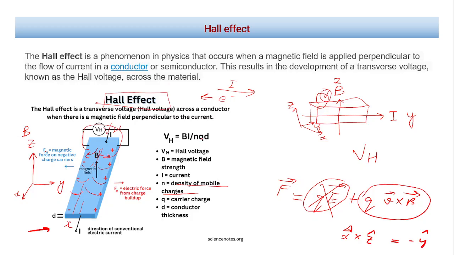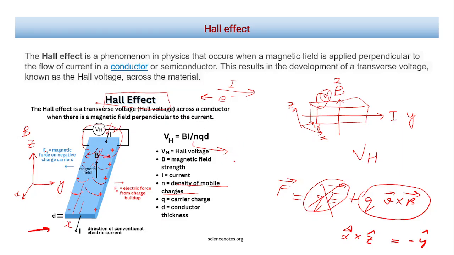Even if it's a hole, the sign will change, positive to negative or negative to positive, but the value is 1.6 times 10 to the power minus 19 coulomb. So all these things I know, and V_H I'll be measuring using a voltmeter, so I can find the electron density or hole density in my material.